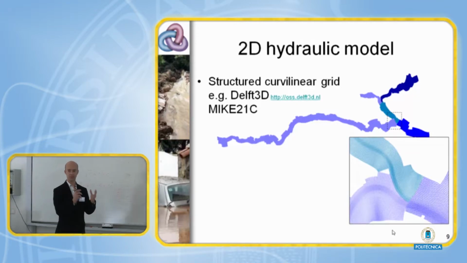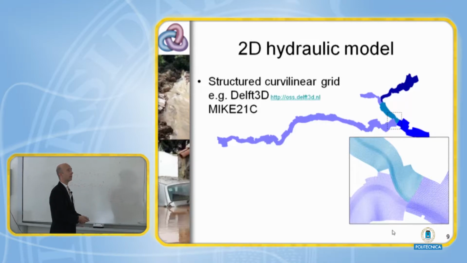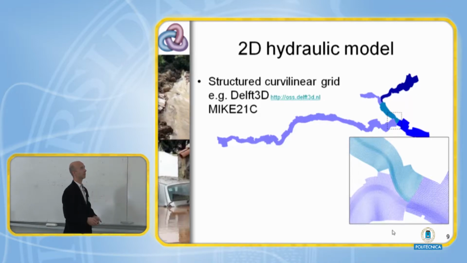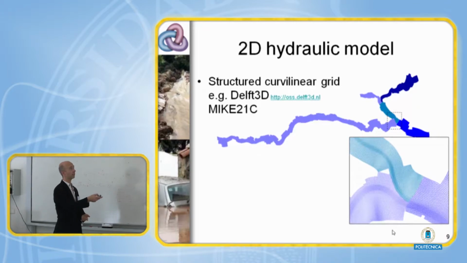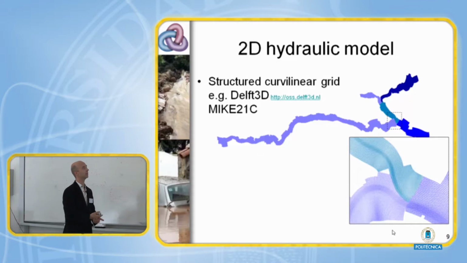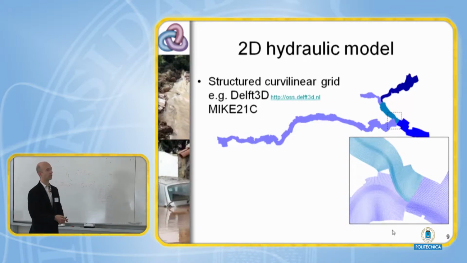So this is already focusing all your resolution on the relevant part of the model. Two examples of hydraulic models like this are Delft3D and Mike 21C by Danish colleagues, but there are several others that use this structured grid approach.